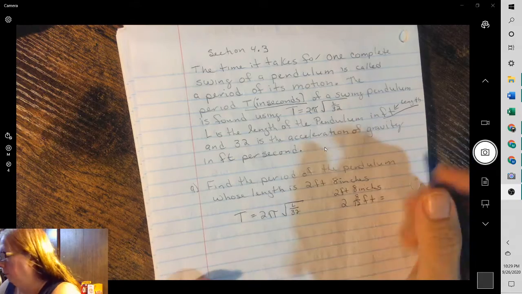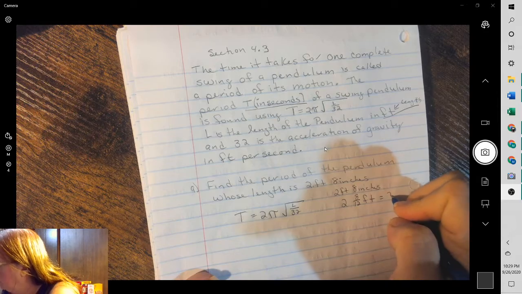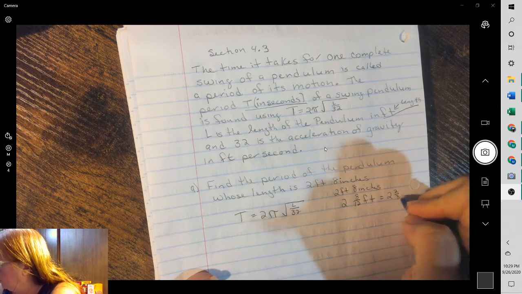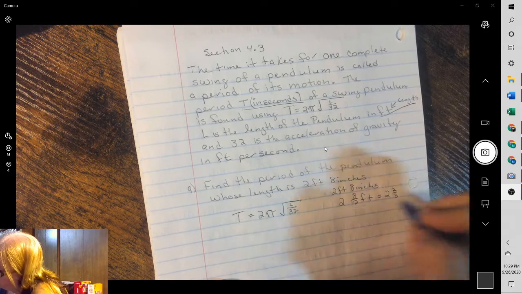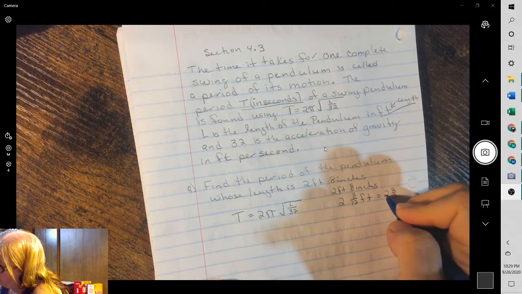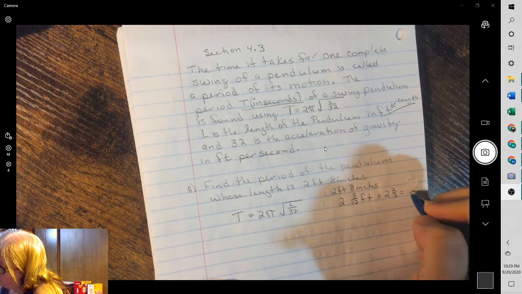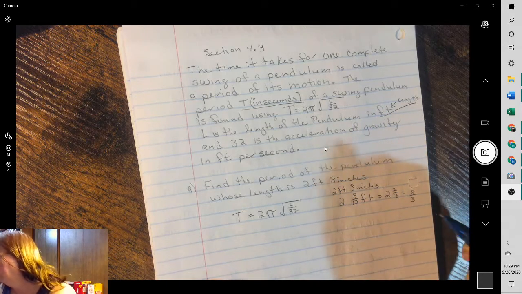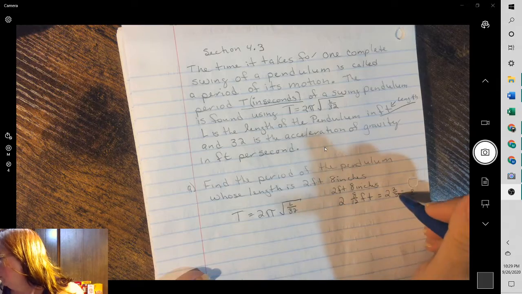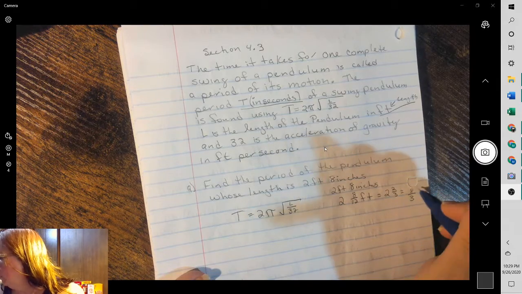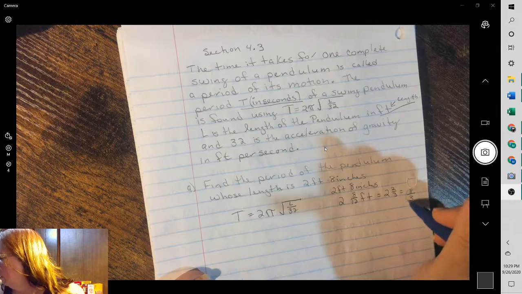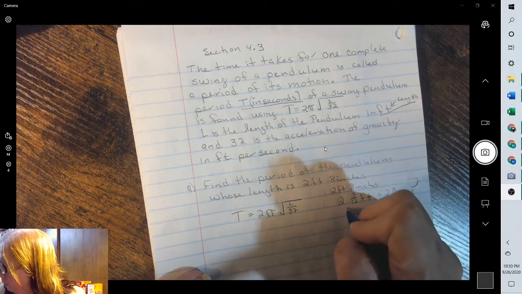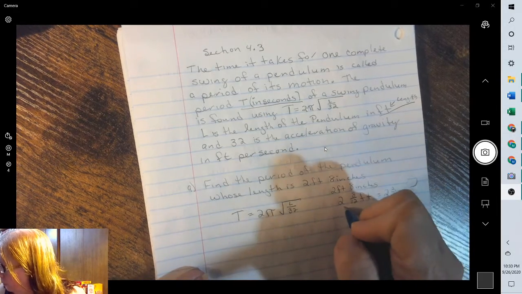I was thinking we could divide it, but we can't. So it's 2 2/3, or 3 times 2 is 6, 8/3. 3 times 2 is 6, plus 2 is 8. So we could use 8/3.